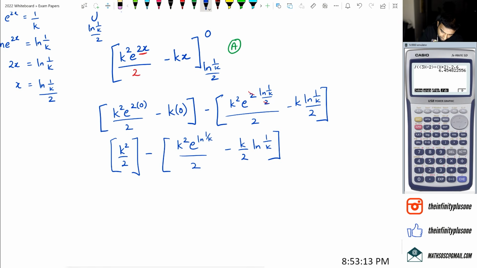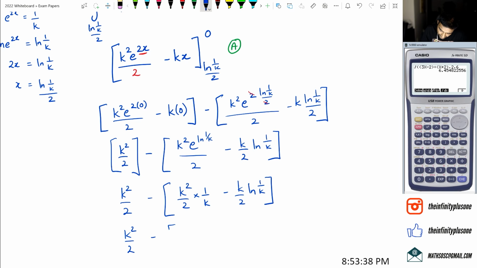At this point, I've got k squared over 2 minus, in the bracket, I've got k squared over 2. Now e and ln cancel out each other, which means I'm going to get multiplied by 1 over k, minus k over 2 ln of 1 over k. So next I'm going to expand, get rid of the k squared and k, which is here.